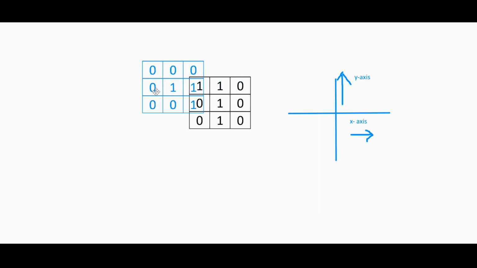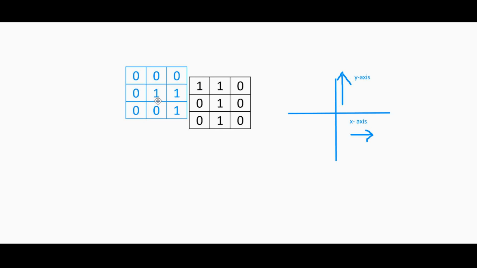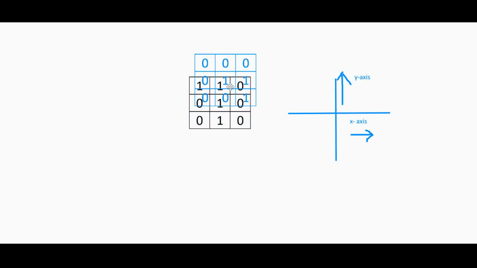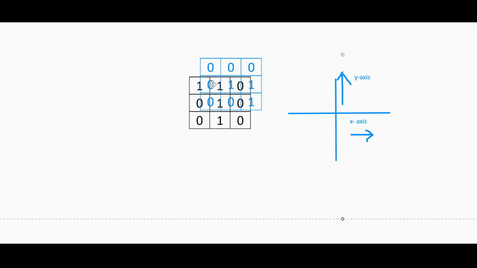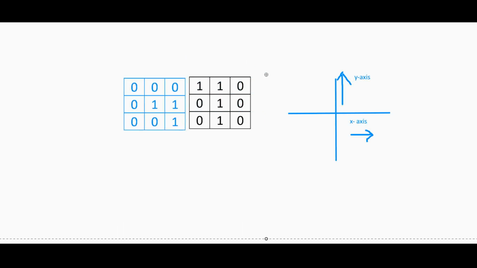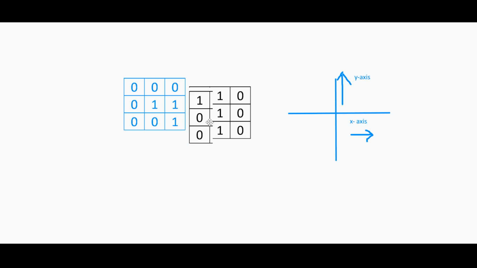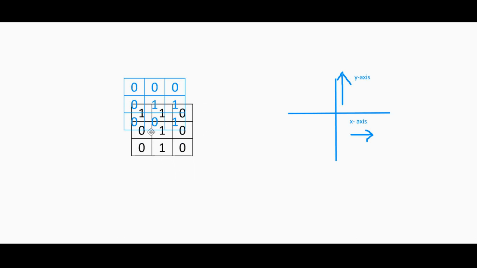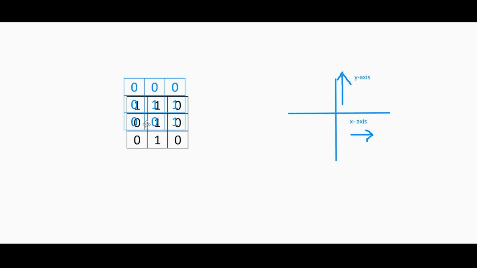So if I move the blue matrix up, I'm getting this combination where the second row of the blue matrix is coinciding with the first row of the black matrix. If I keep blue still and just move my black matrix down, here also it's the same combination that I'm getting.